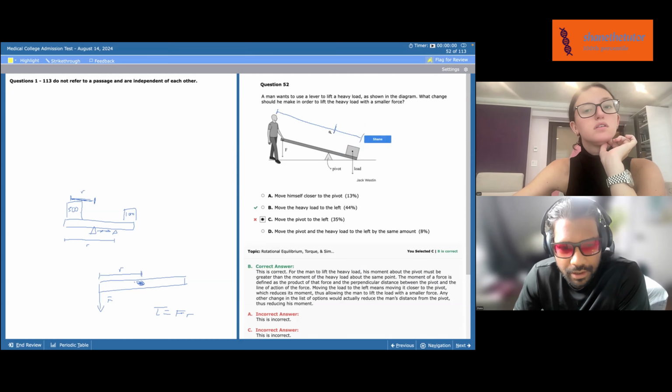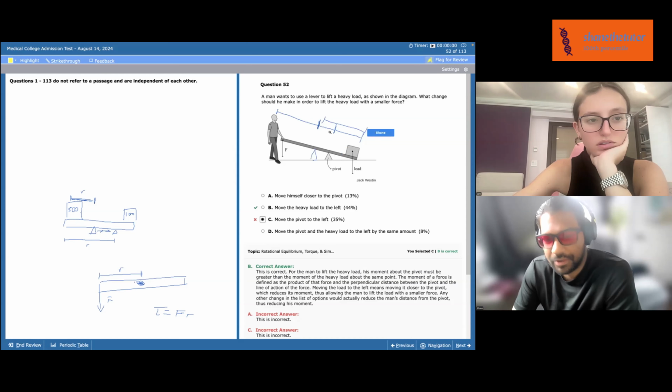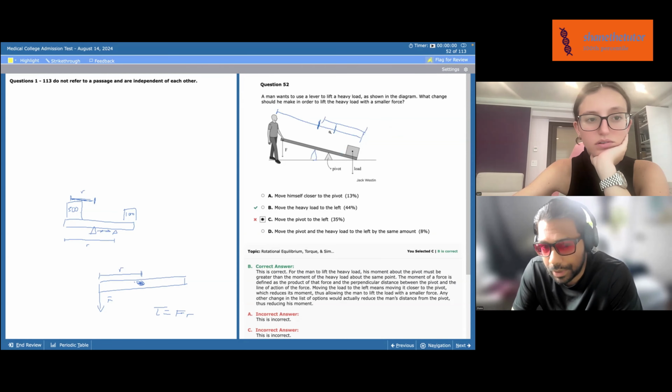So if you move the pivot to the left, you're increasing the distance between the load and the pivot, which means the torque of the load is increasing, which is what you don't want.